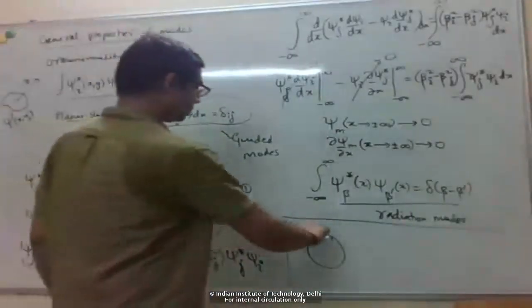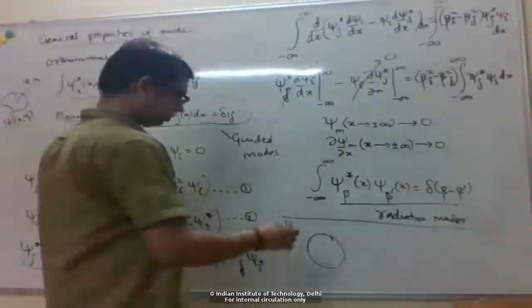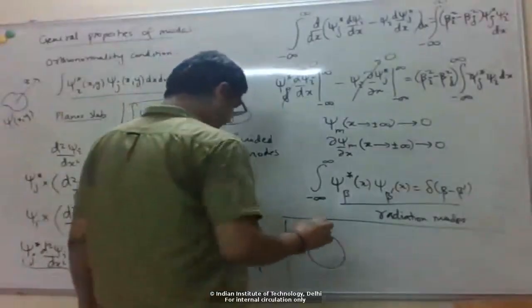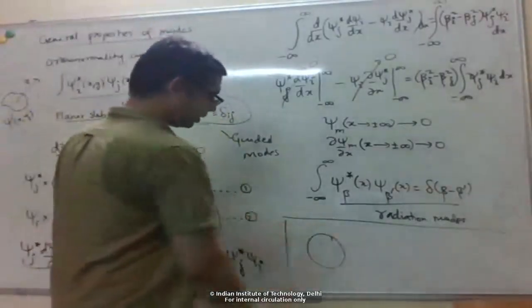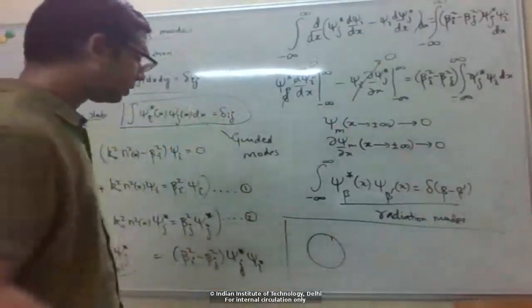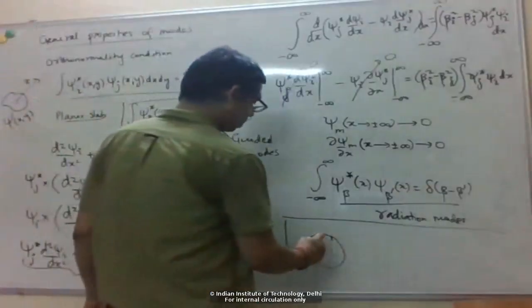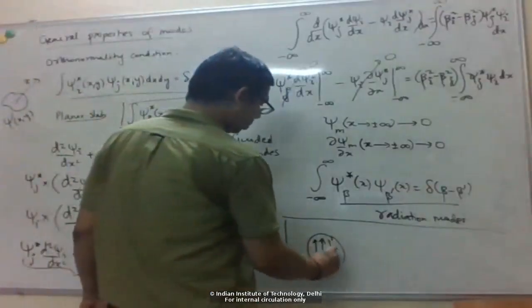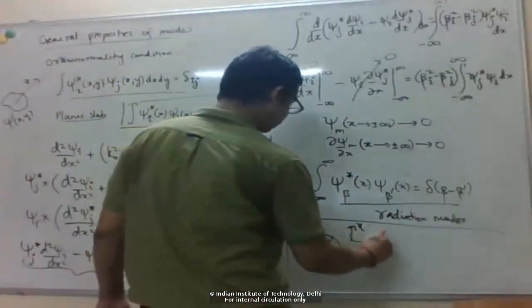So any rotation, if z is coming out of the board, which is the propagation direction, any rotation in the xy plane leaves the structure invariant. So then you can imagine that there is no difference between, let's say, a mode which is x polarized. Let's say this is x and y.